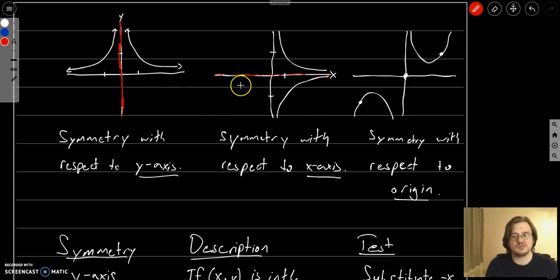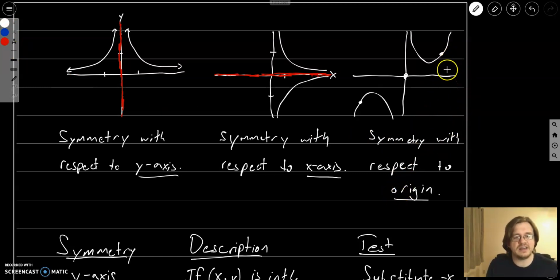We can also have symmetry with respect to the x-axis, and it's exactly the same way. So if I highlight the x-axis in red here, if we were to flip the graph over, we will get the same graph. Everything sort of matches. The last one, and maybe the least obvious one here, is symmetry with respect to the origin.